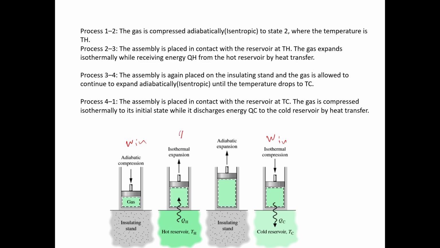In this case we have W out and also W out in this case. So we have W out in this process and this process, we have W in this process and this process, and here we have Q in and Q out, heat in and heat out, right?